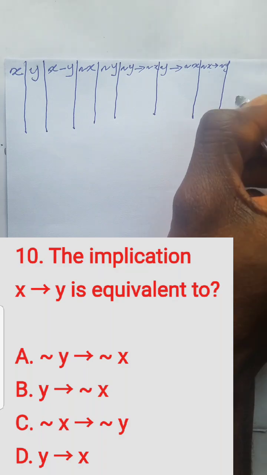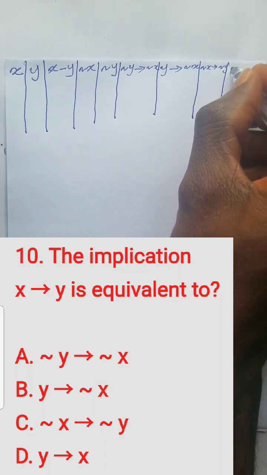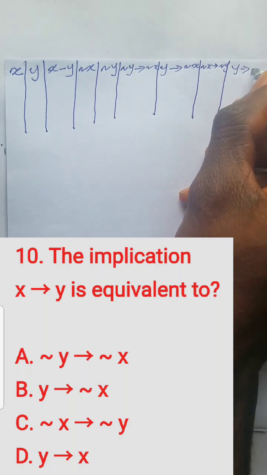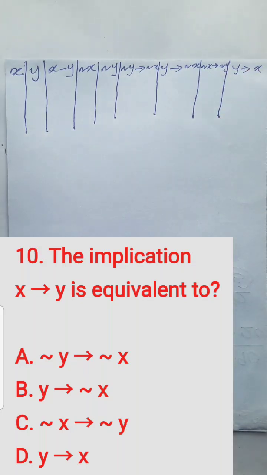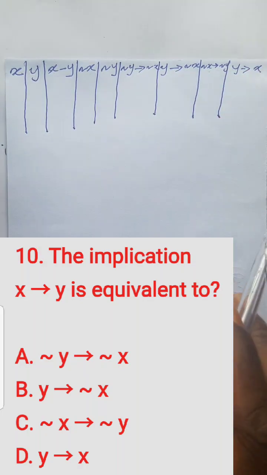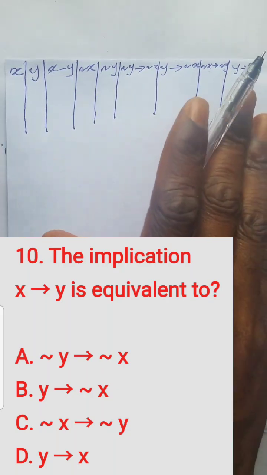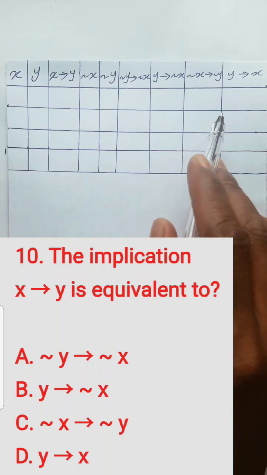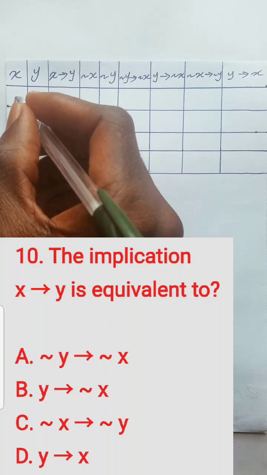Then the final option says if y then x. Okay, so I think we've exhausted every option. Let me just recopy this so that for the sake of presentation it will look better. Okay, this looks better.